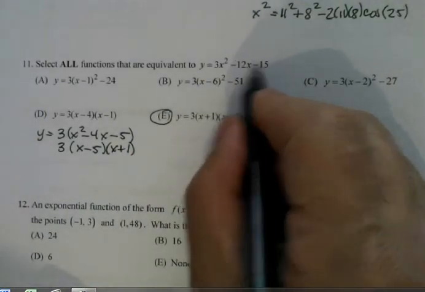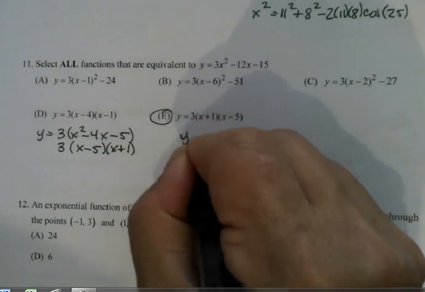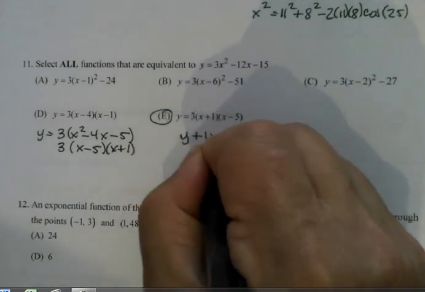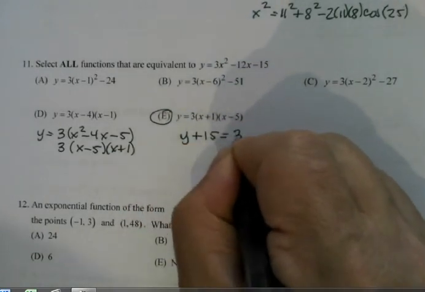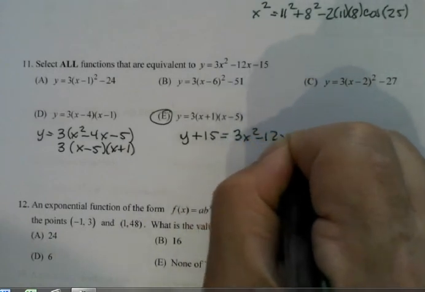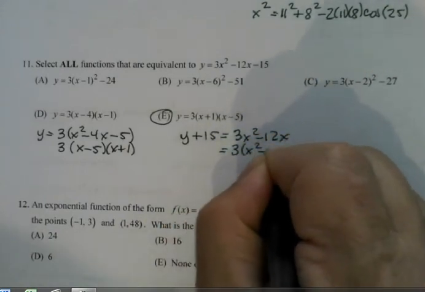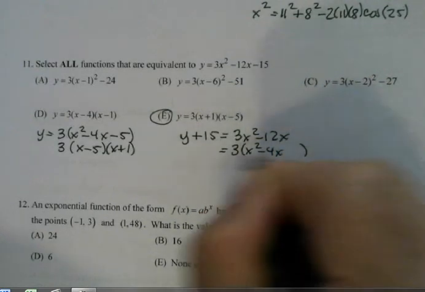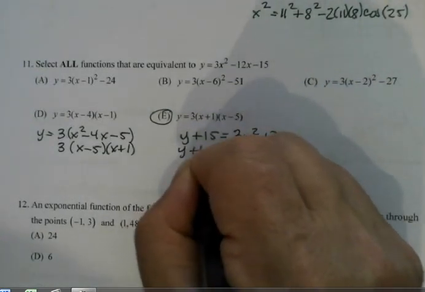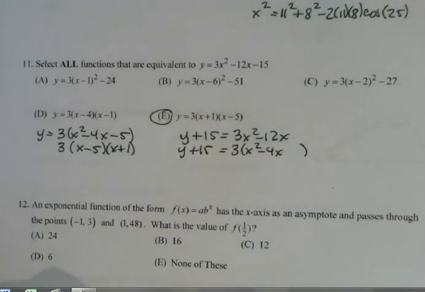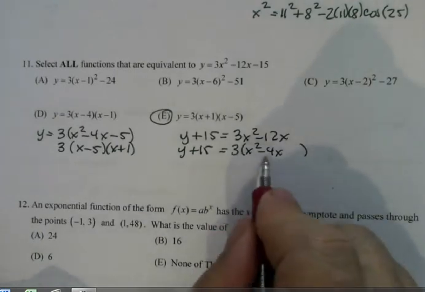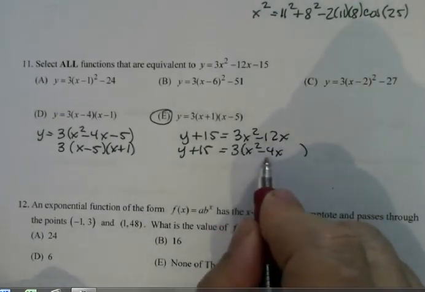Okay, the other one I would do by completing the square. So if I'm completing the square, my first step would be to add 15. Then I'm going to factor out a 3 and leave an open spot. Now, I'm going to take half of negative 4, that's negative 2, and square it.